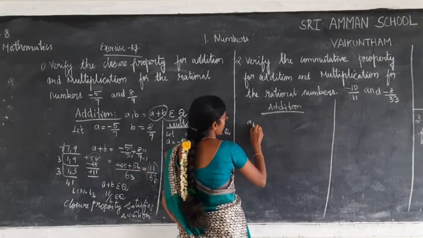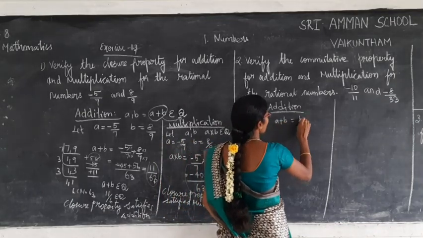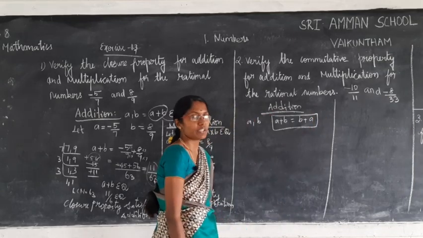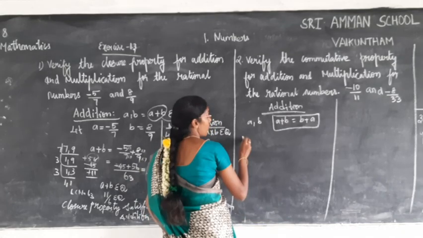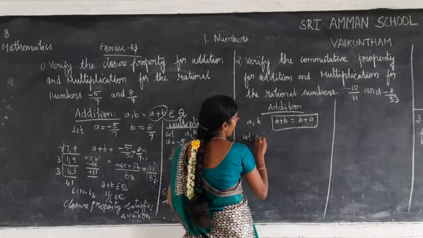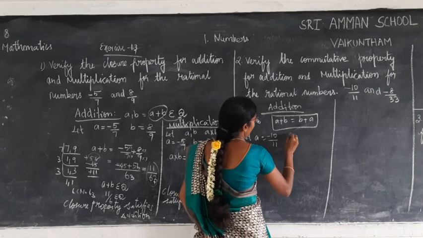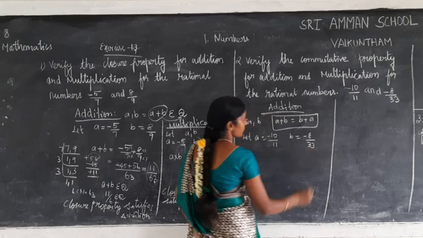For any two rational numbers a, b, a plus b is equal to b plus a. So let a equal to minus 10 by 11 and b equal to minus 8 by 33.